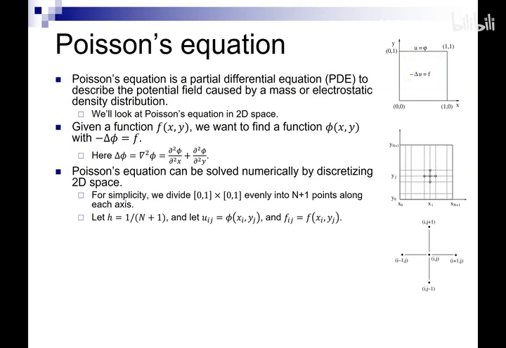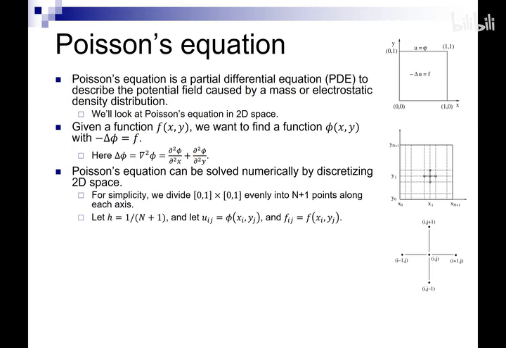Now you want to find phi such that when you apply the Laplace operator, you get f. So f is our input, and we're trying to find phi such that the Laplacian of phi is equal to f.